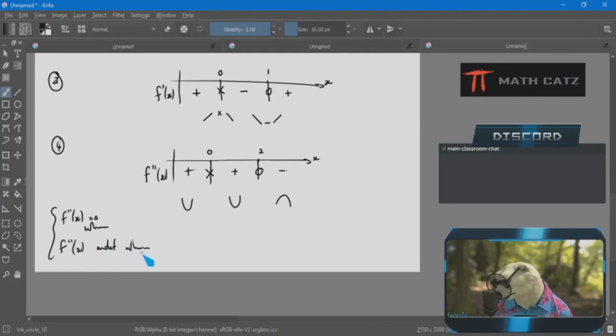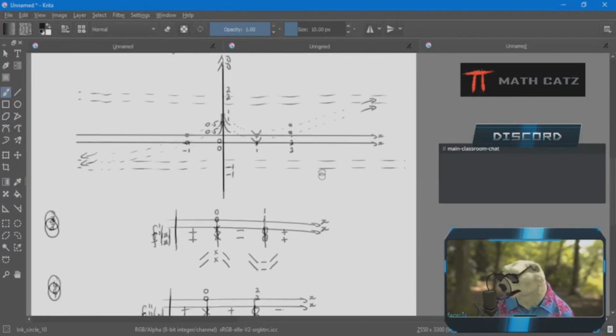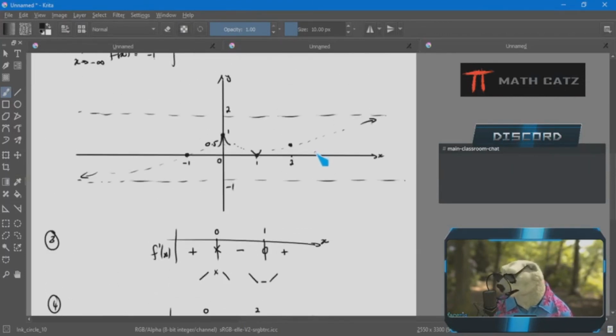Only those x values that come from these are featuring in my table ever. So it's going to have to be a 0 then. I hope. Let's see. So I'm bending up, bending up, bending down. I have an inflection point at 2. Okay, so that works.